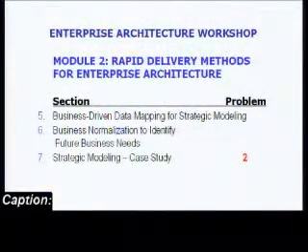Section 7 is a case study to develop the strategic model further that was initially introduced in Section 3 of Module 1. This is actually the first of the major workshop problems in this section.